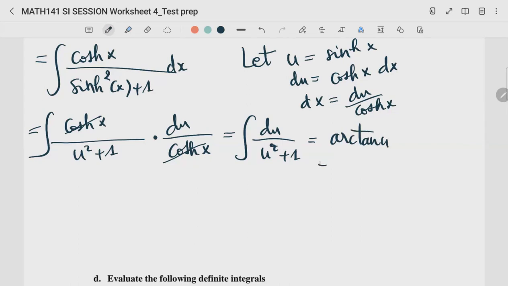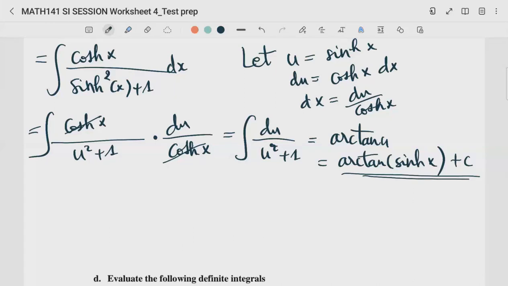And you know that u is sinh, so we have arctan of sinh of x, plus, obviously, the constant of integration. And that should be the final expression. So that's just a simple example of how this would work.